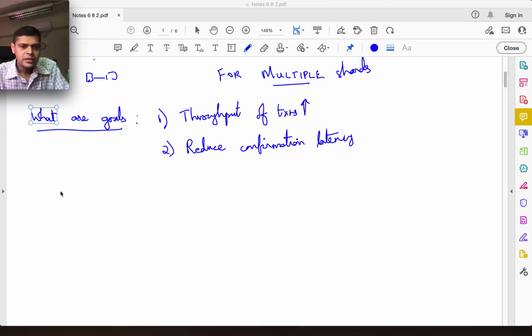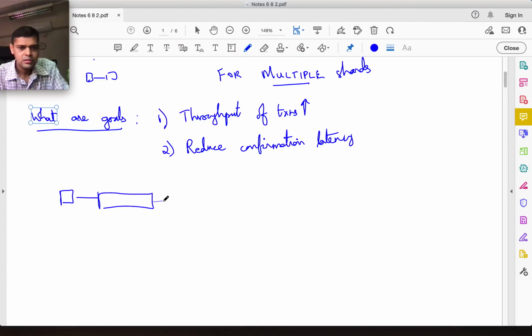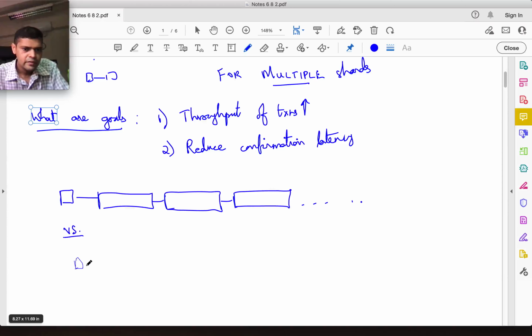One way is that we have, let's say, a single chain with very large blocks, versus you have multiple shards with small blocks.